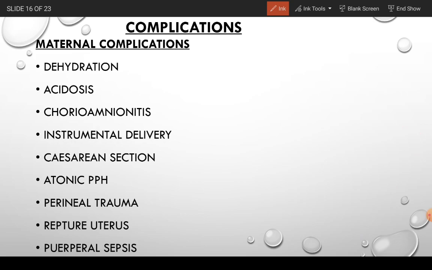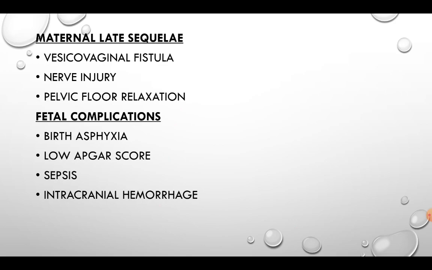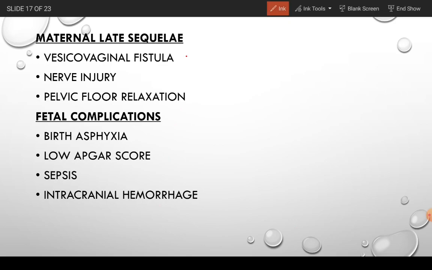There will be dehydration, as we have told all those things, acidosis, and may need to go for a CS, or may need an instrumental delivery, may also cause some tear, that is perineal trauma, or it can rupture the uterus, or it can rupture the membrane, chorioamnionitis can occur, and later they can cause vesicovaginal fistula by injuring the bladder, can injure the nerve, pelvic floor relaxation may occur.